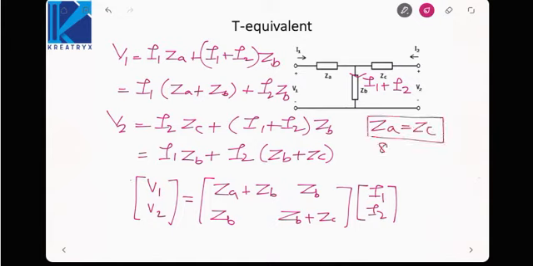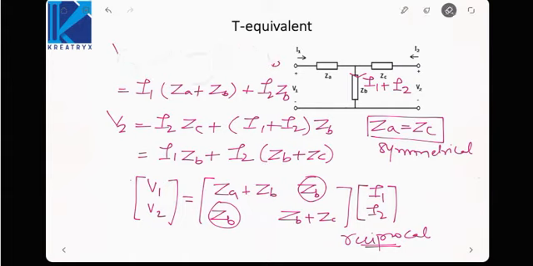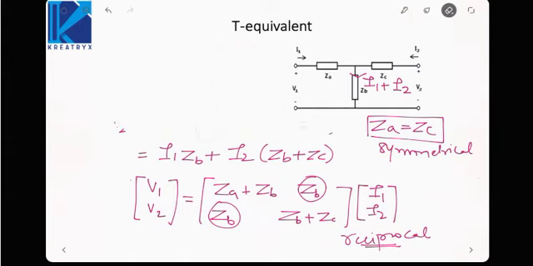That is, the series arm impedances must be equal in order for the parameters to be symmetrical. For reciprocity, Z12 must be equal to Z21, and here as you can see Z12 equals Z21, so it is reciprocal. That means these parameters are always reciprocal, but for them to be symmetrical, the series impedances must be the same.